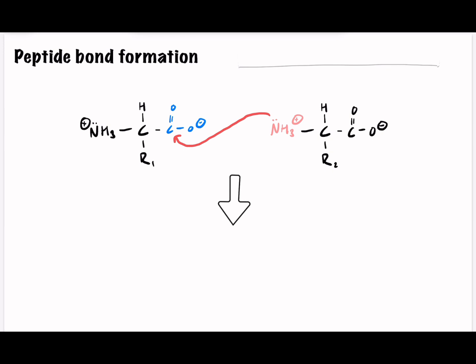This results in a loss of water, so H2O is lost as a result of this reaction. And then the two amino acids that were individually separate combine with each other. So I'm just going to draw out what that might look like.